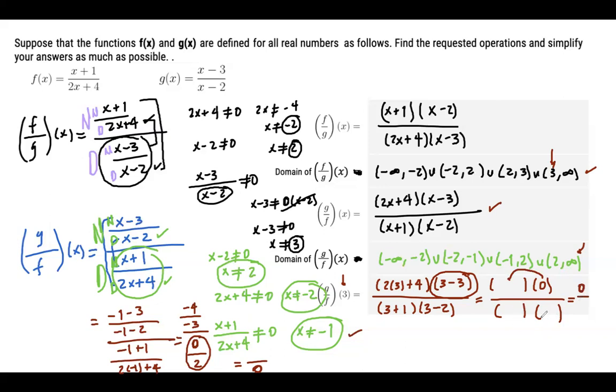And whatever you end up having in the denominator won't matter, because 0 divided by anything will be 0. So save yourself some time if you're able to get a 0 out there. If you end up with something else, you would have to do the whole thing.